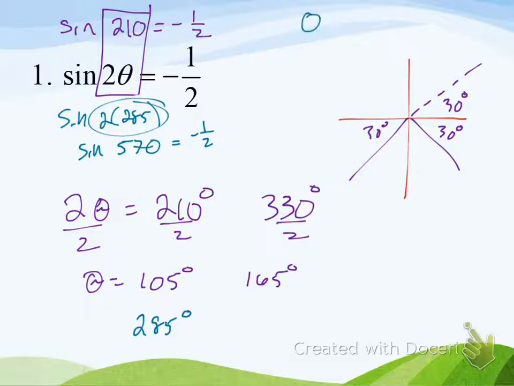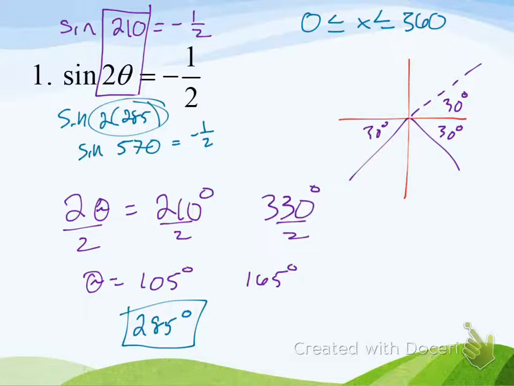If you look at the top of your notes, you see that theta, or x, has to be between 0 and 360. So anytime we start getting outside of that, we stop looking for solutions. But 285 for theta is definitely in that interval, 0 to 360. So it's a solution that we're allowed to use.